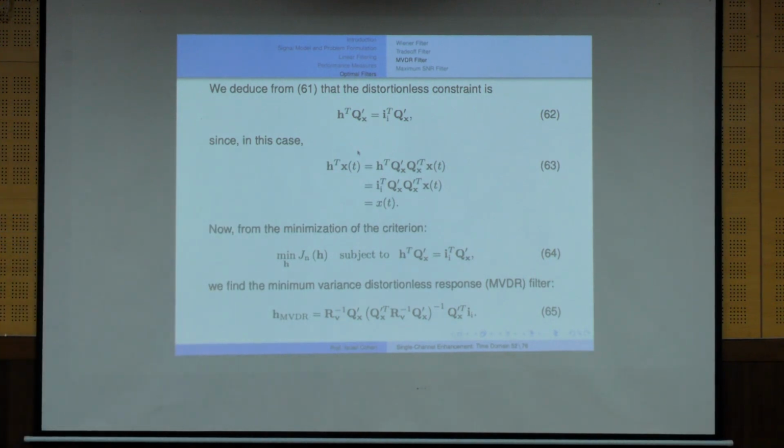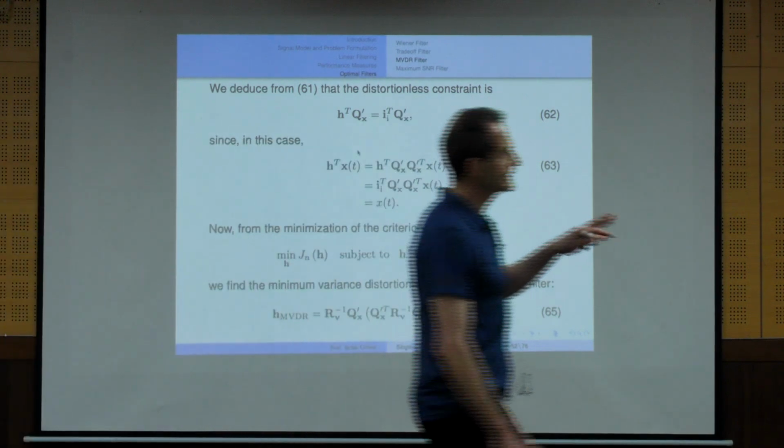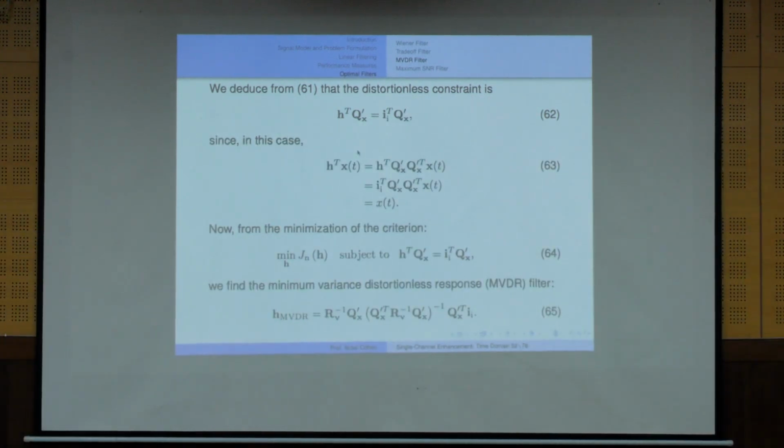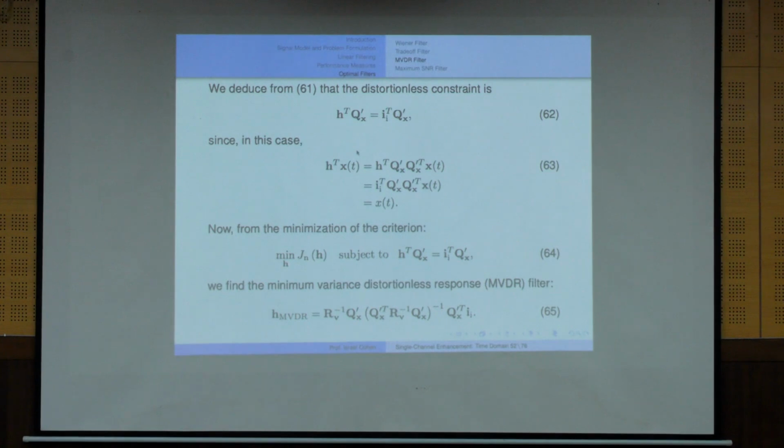But also, you need to understand what it means: that in this signal subspace, the filter doesn't do anything. So all the part of the signal that is represented in the coefficients from 1 to P, we don't do anything with the filter H. It doesn't touch them.